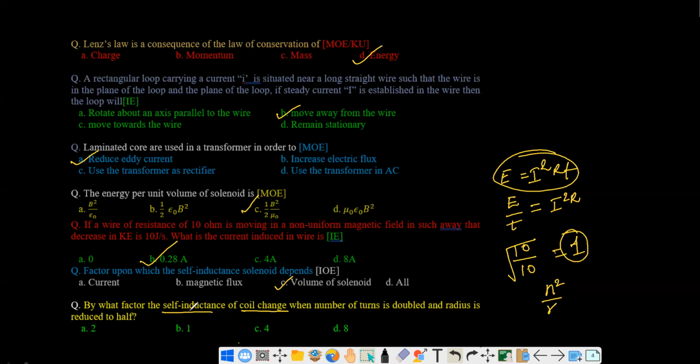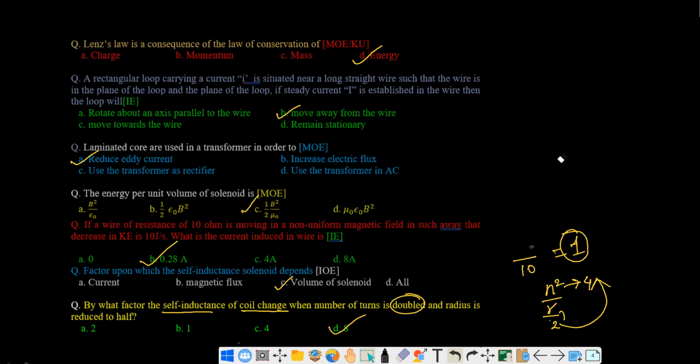So number double गरिदियो भने, self inductance 4 हुन्छ. त्यही बेला रेडियस पनि आधा घटायौं. सो रेडियसले पनि अझै, यो r/2 जस्तो हुने भयो. यो 2 फेरि माथि नै जान्छ. सो यसको आन्सर 8.